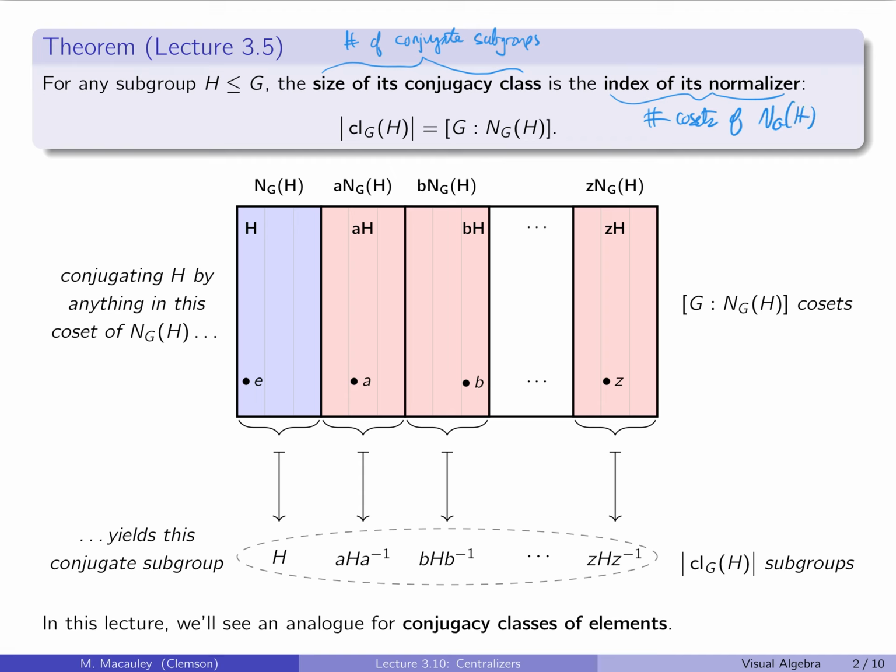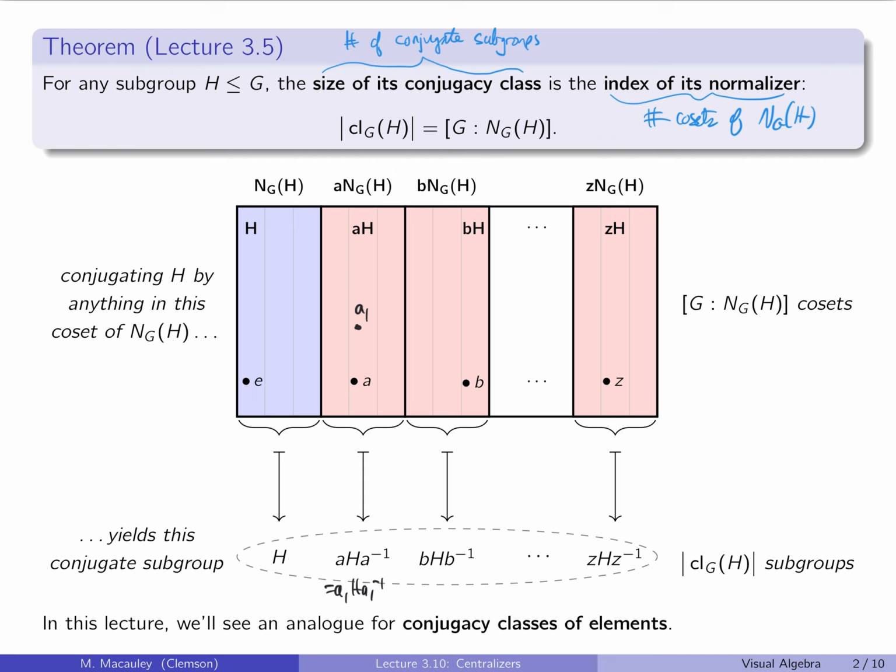So the proof of this is to exhibit a bijection between these two sets, and here's what that looks like. Clearly, if we take anything in the normalizer and we conjugate H by it, we get back H. That's just the definition of the normalizer. But if we take an element not in the normalizer and we conjugate, we get back something else. And if we take anything else in that same coset, like A1, and we conjugate it, A1 H A1 inverse, then we get the same thing.